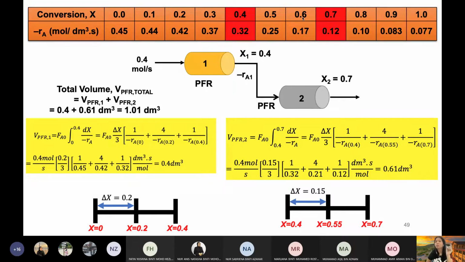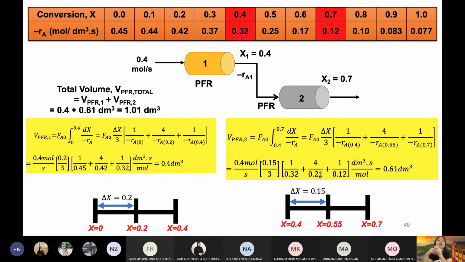Technically, it's not wise to interpolate because this is not a linear correlation. When I interpolate at 0.55, I get a minus RA of about 0.21. Actually, it's not so accurate because it is not a straight line, so interpolating the midpoint is not accurate.